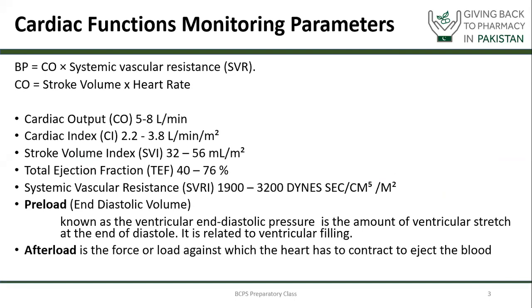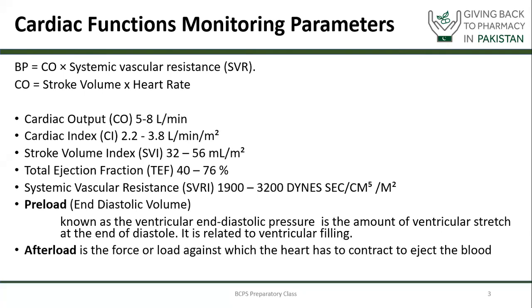First of all, we should know about some key functions of the heart, particularly the normal functions of the heart. When they become abnormal, then we have to relate how abnormal they are and how we can fix them.